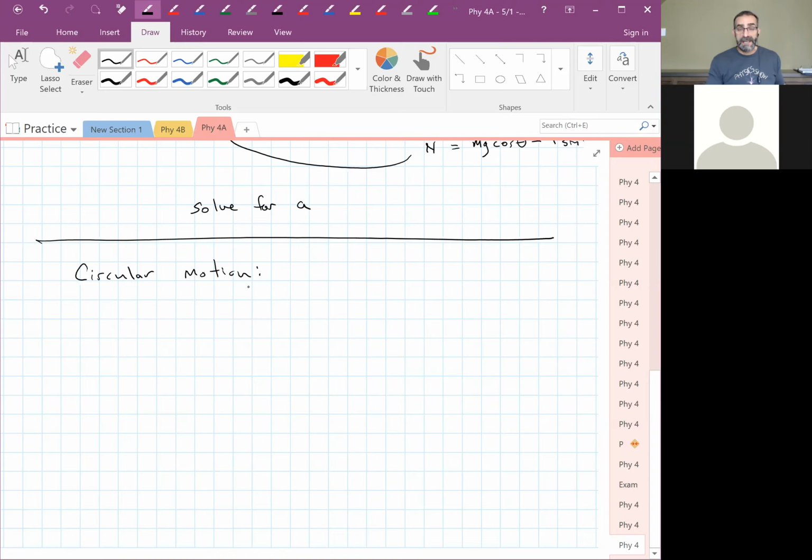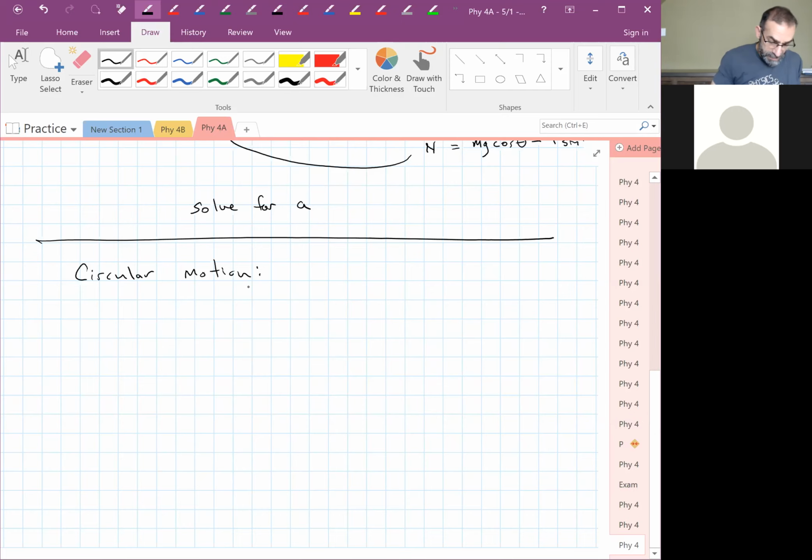So that's going to be all Newton's law stuff, which means problems with inclined planes, pulleys, and masses, right? Finding tensions and accelerations, things like that. But it also means circular motion. Circular motion problems are a perfect example of Newton's law application. So let's take a look at that.